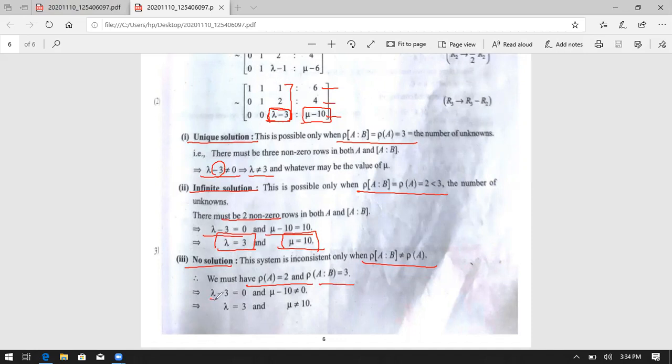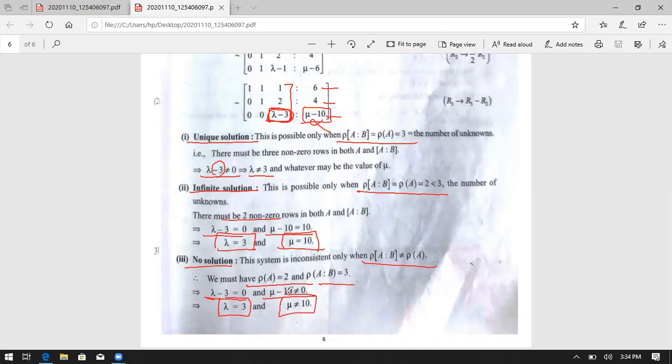Therefore lambda minus 3 is equal to 0, then mu minus 10 is not equal to 0. Finally you write here lambda is equal to 3 and mu is not equal to 10. That is the no solution.